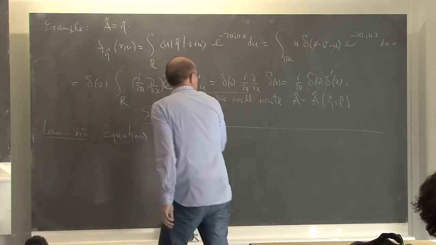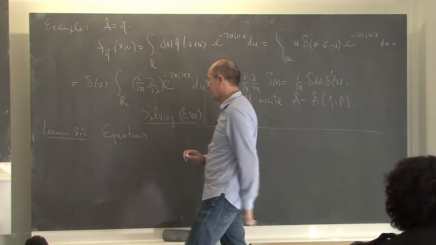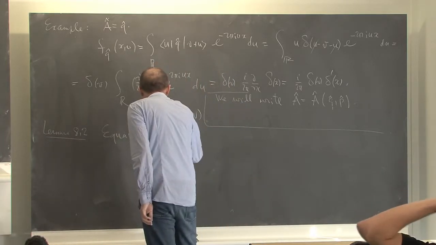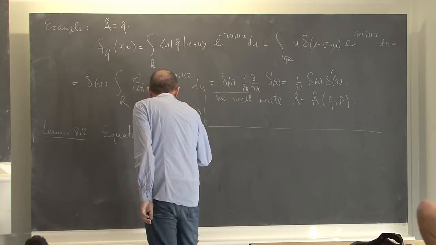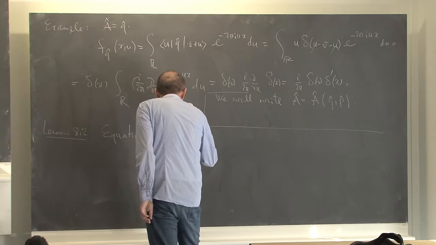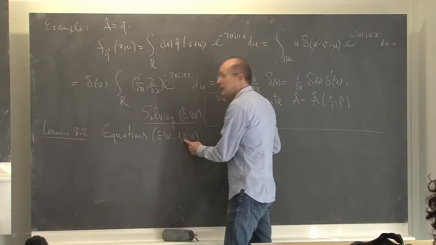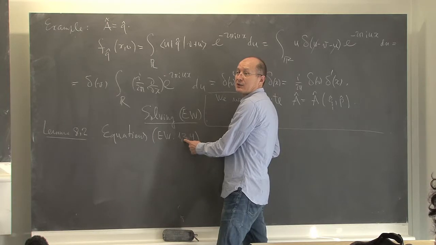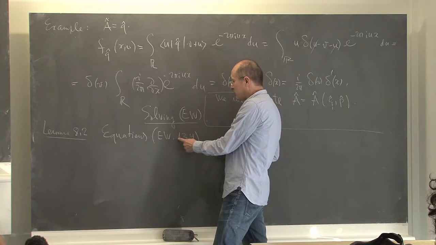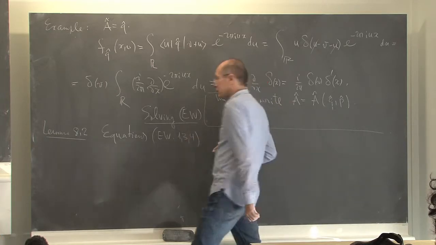Okay, now going back to lemma 8.2: the equations EW with numbers 1, 3, 4, right? We forget for the moment equation 2, which is a complicated, nonlinear equation. These 1, 3, 4 were linear.